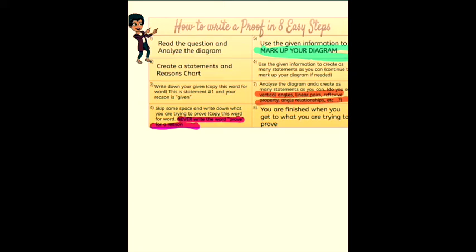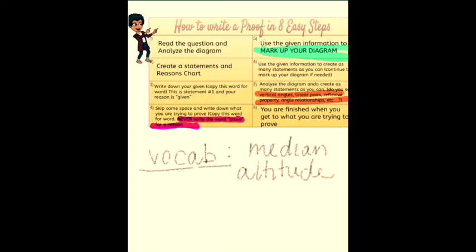If they gave you any type of vocabulary words, which they do a lot in proofs, you need to know those vocabulary words. That's going to get you through step 6. So in this case, median and altitude are your vocabulary words, and we'll talk about that more throughout the video.